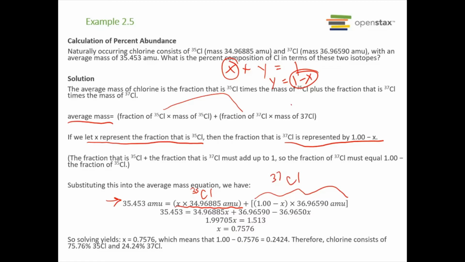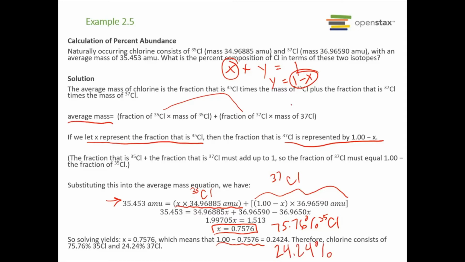Then we do simple algebra to solve for X, and we get that X is 0.7576, so that means it's 75.76% chlorine 35. And the amount of chlorine 37 is 1 minus 0.7576, which is 0.2424, or 24.24%.